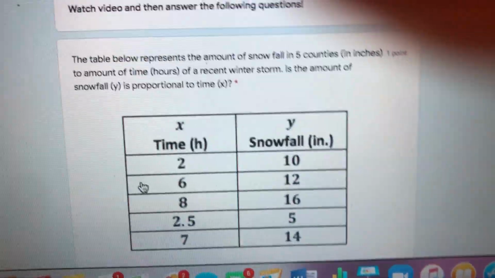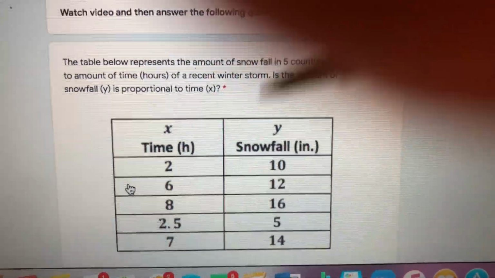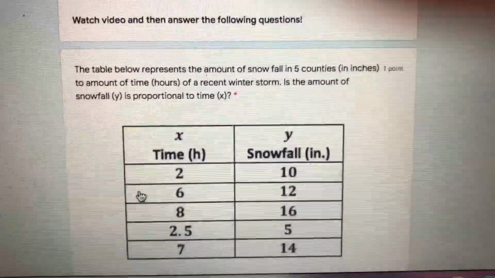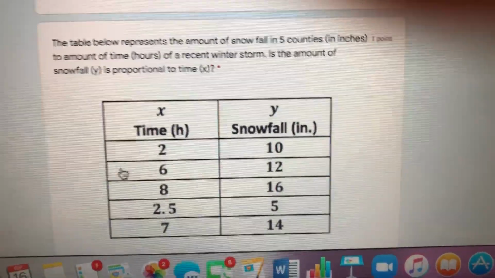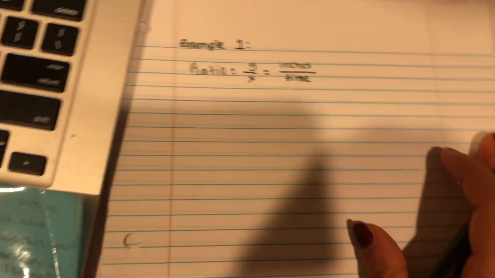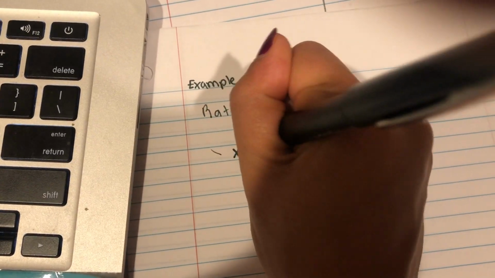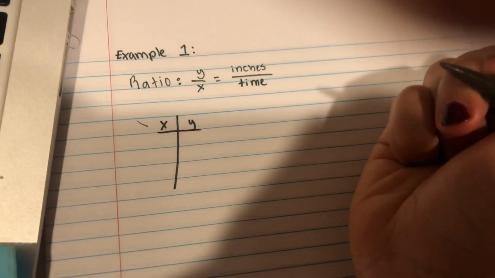Now it's asking, is this proportional? So what we're going to try to figure out is, are all of these ratios the same? Because that's what a proportional table has to have. It has to have the same ratio. So what I'm going to do next is write down my table.